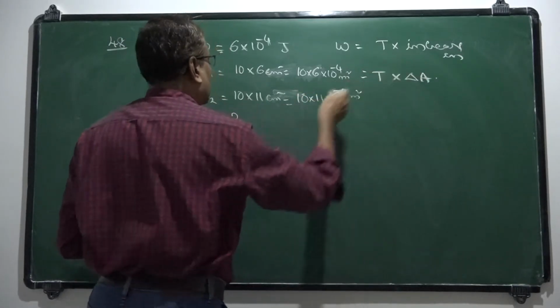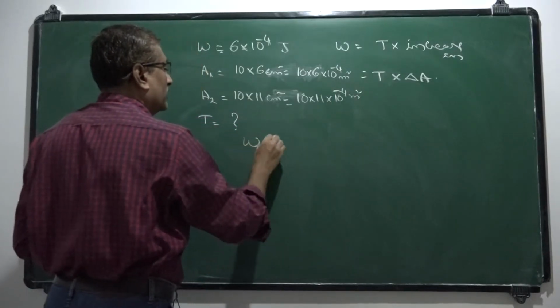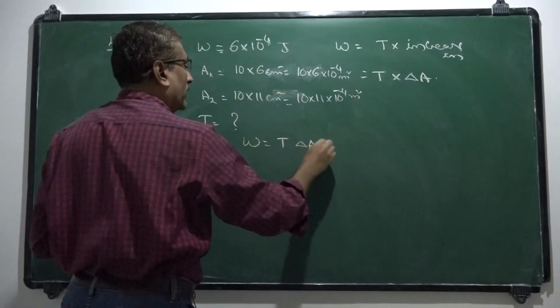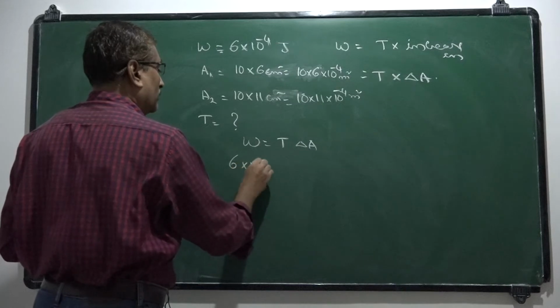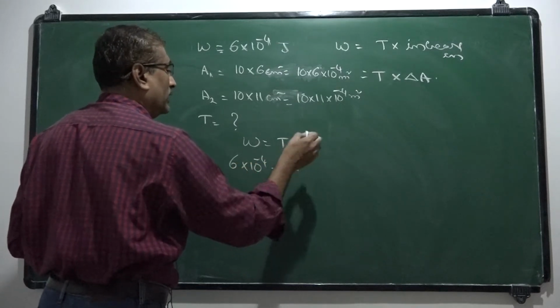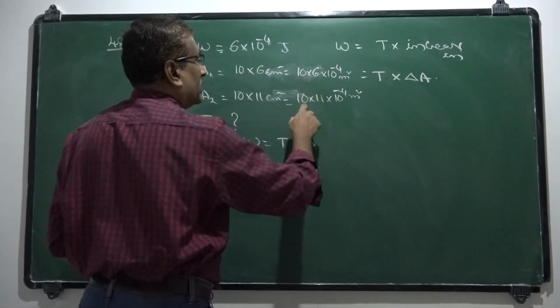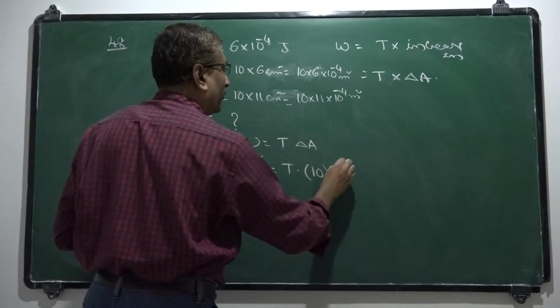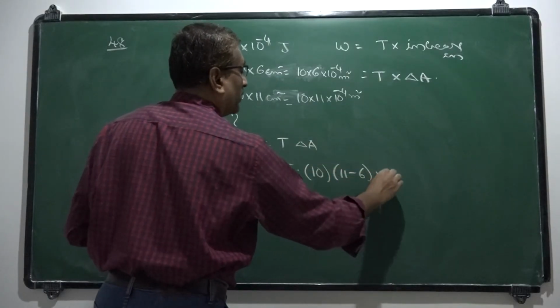Now substituting, W equal to T into delta A, that is 6 into 10 to the power minus 4 equal to T into, here 10 is a common term, 10 into (11 minus 6) into 10 to the power minus 4.